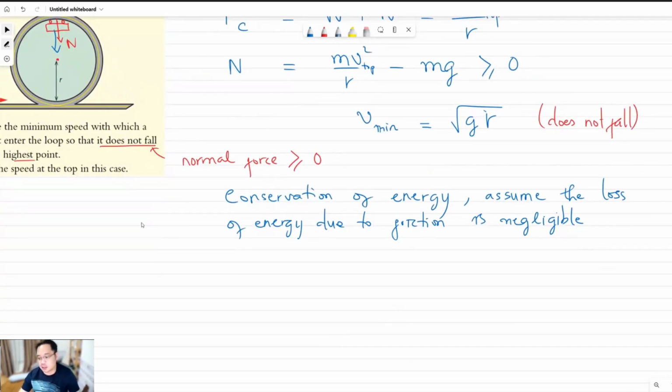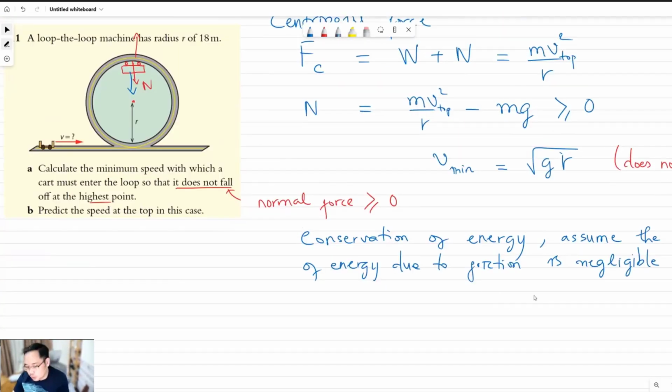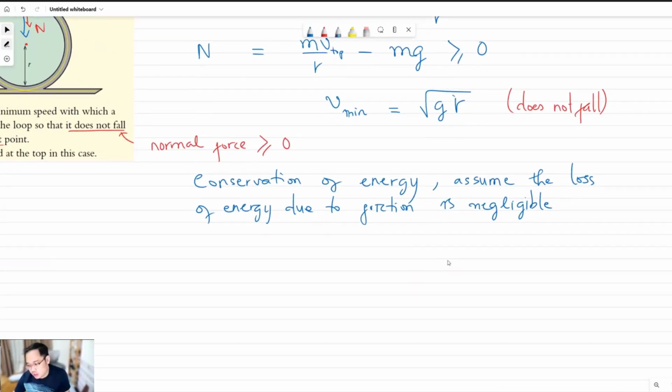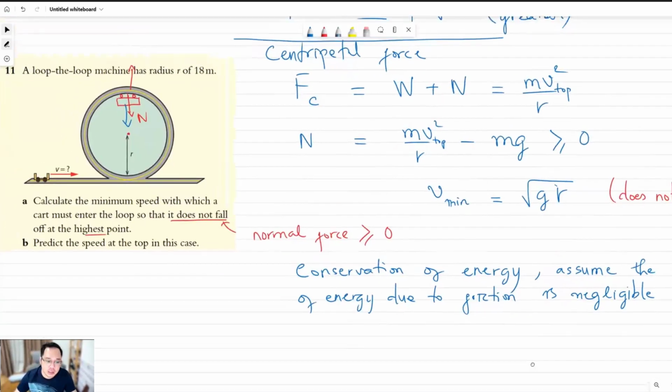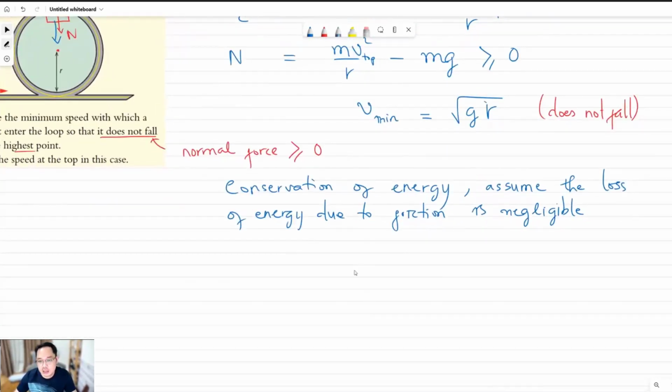So in this calculation, the value of the initial velocity will be less than the actual value, because in reality, you need to provide more energy to overcome the work done by friction. Therefore, this calculation is just the perfect case when there's no friction.